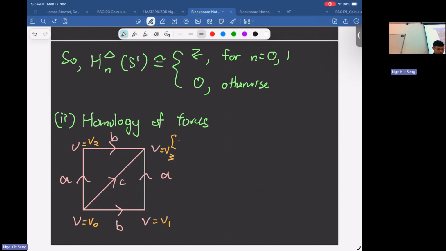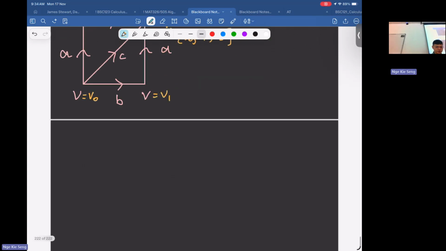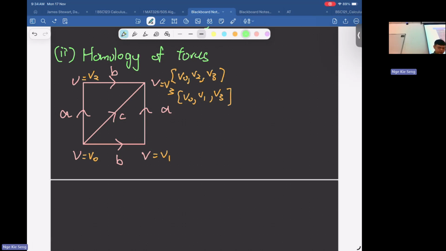So we get the two simplices V0, V2, V3 and V0, V1, V3. If you try to turn this around, it might not make sense. You can try turning it and see if you can put a proper order on them. In this case, there are three parts that are non-zero: delta 2, delta 1, and delta 0.